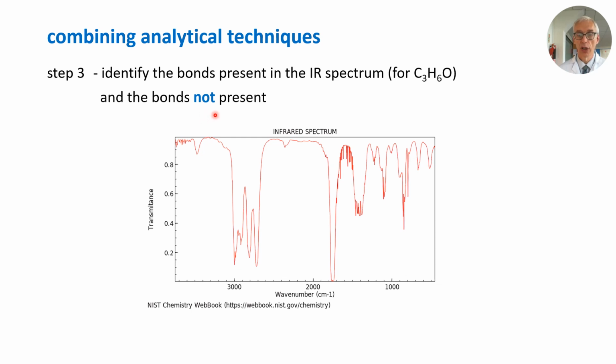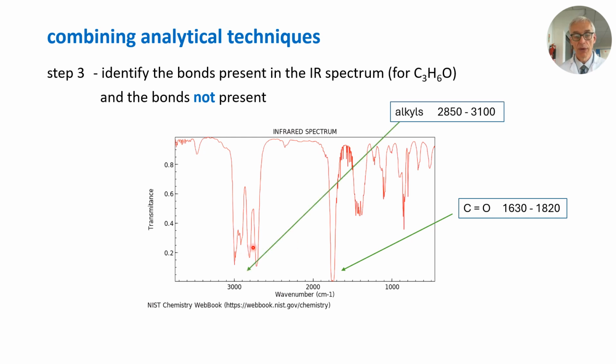Okay, if we look at the absorptions that are present, we can see a distinctive 1630 to 1820, which is the C=O bond. So this molecule contains the C=O bond. We've also got carbon-hydrogen bonds in alkyl groups indicated by strong absorption in 2850 to 3100.